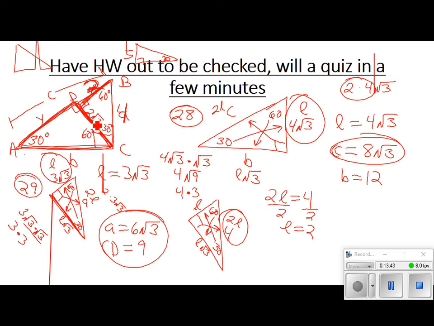Now we were trying to find, we actually found one of them right there, CD, so that's, for 30, that's one of our answers. CD equals, what do we say, 2 square roots of 3?